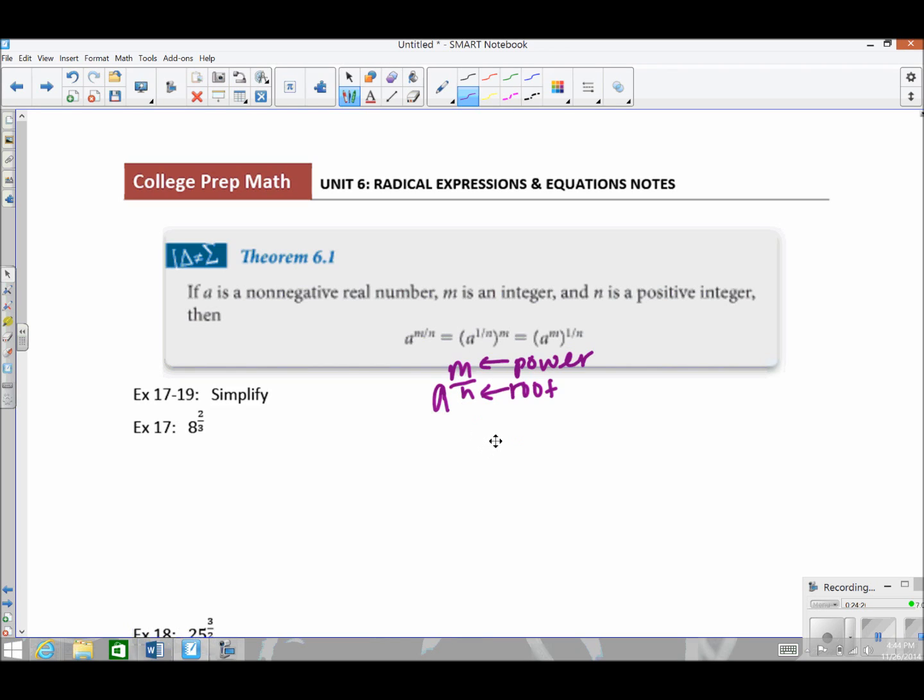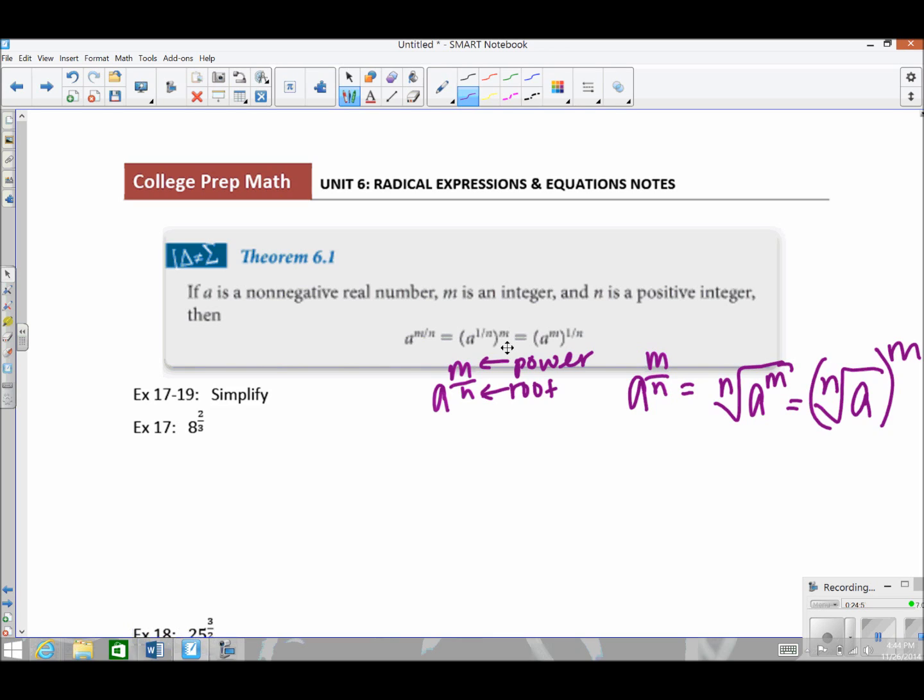So when I rewrite this, I can say that a to the m over n is really like saying the nth root of a raised to the m power. So a is raised to a power. This is also the same thing as saying the nth root of a where the entire expression is raised to m. So these are all equivalent. If you look up here, here's some other equivalent expressions that you can take that m outside of the expression.